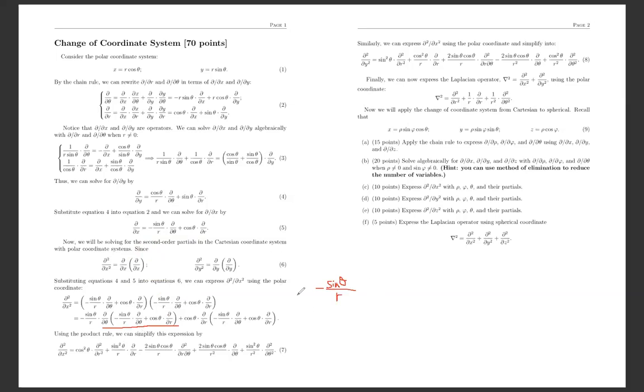All right. So this is partial of partial theta of the first here minus, because the partials are linear, so that's why you can do that.